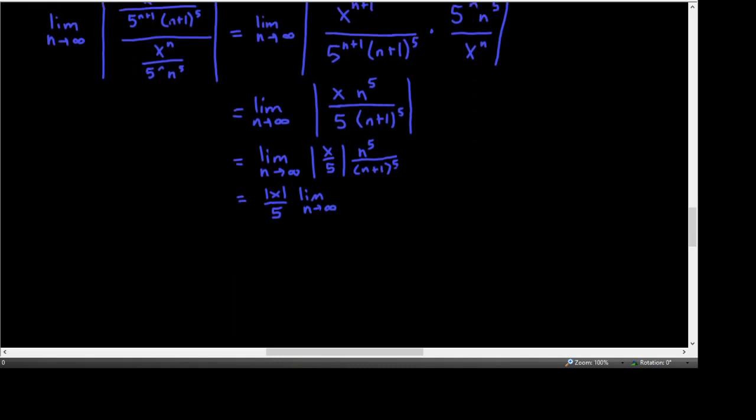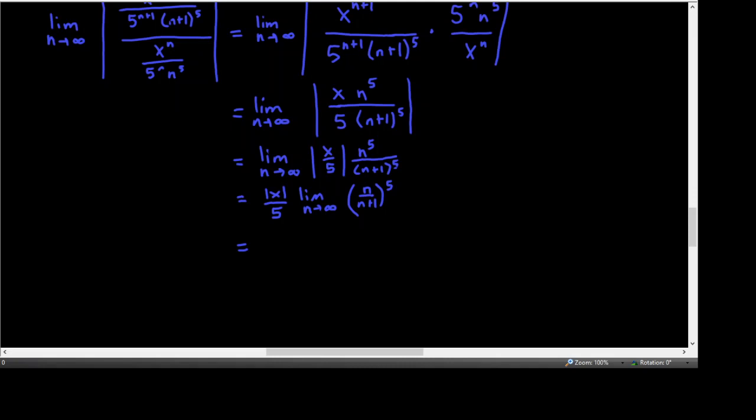One thing you might remember is that if the powers are the same, we can rewrite that as the quotient n over n plus 1, all raised to the 5th. And we could go inside of that composition and evaluate the limit as n approaches infinity of n over n plus 1, which is 1, and 1 to the 5th is 1.